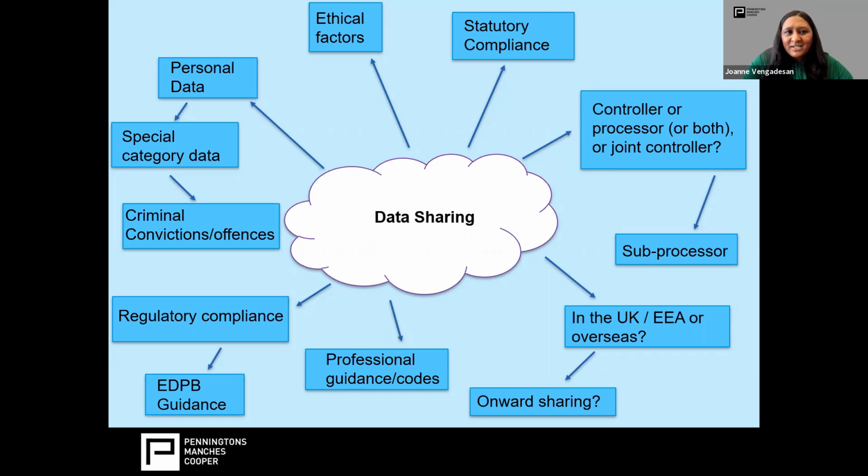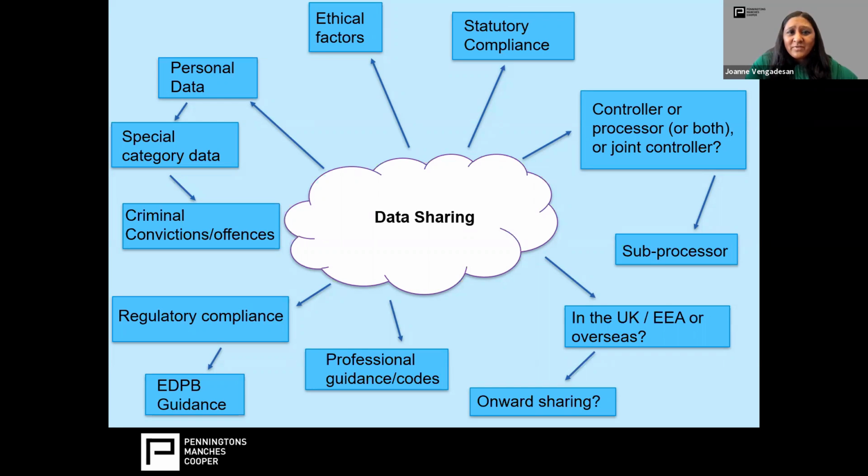If it is personal data, is it the type of personal data that benefits from enhanced protection, such as being special category data or criminal conviction or offences data? And this can be quite a nuanced question depending on the nature of the data sharing, particularly when you're sharing pseudonymized data sets, where there are IDs related to individuals rather than their names.